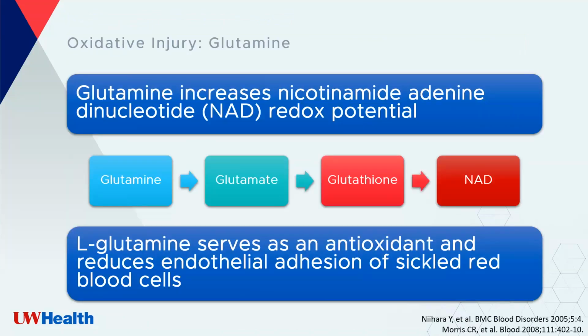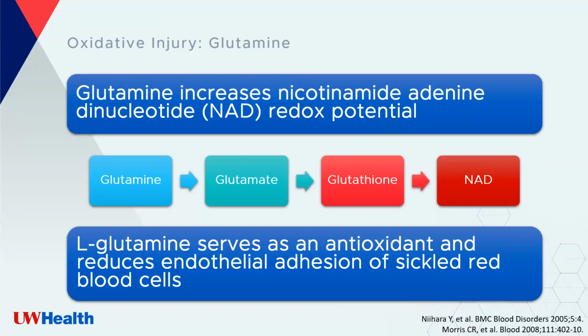So as we also work up where we're discussing different therapies for sickle cell disease, this tends to take the oxidative injury pathway, which is in reference to its increase in NAD. So NAD is nicotinamide adenine dinucleotide, and glutamine.